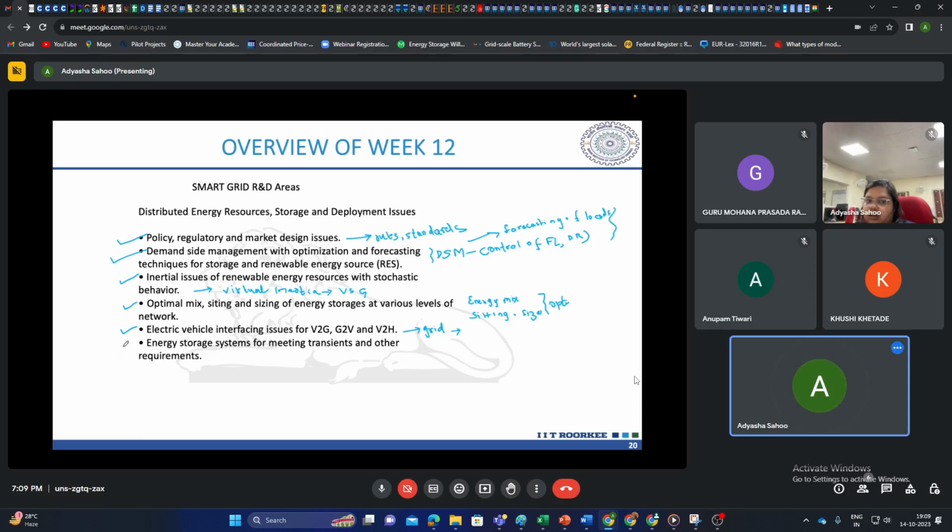Then we need energy storage systems for meeting the transients as well as for the steady state operations. So for a grid with higher renewable energy resources, it has to be done with energy storage. Without the deployment of energy storage, we cannot move forward.